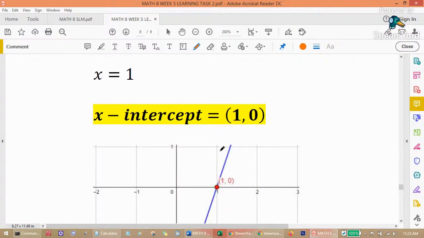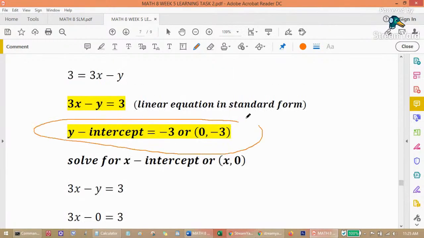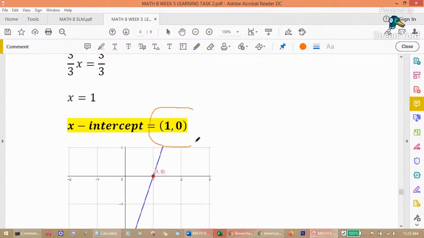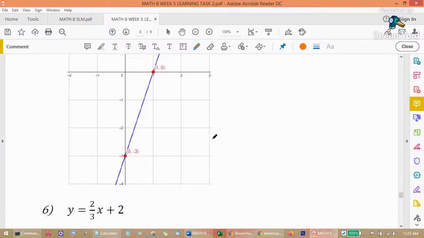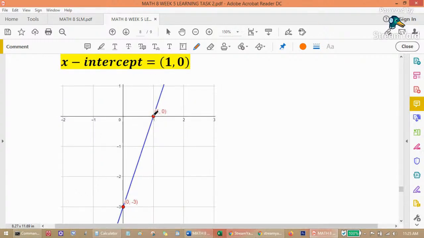So, meron na tayong dalawang point, x-intercept and y-intercept. Pwede na nating madrawing yung graph. X is 1, 0. This is x-axis, positive 1. This is 0. Positive 1. Doon. And y is 0. Ibig sabihin, hindi tayo aakyat at hindi tayo bababa.